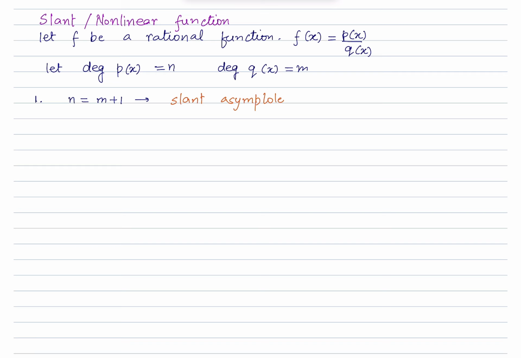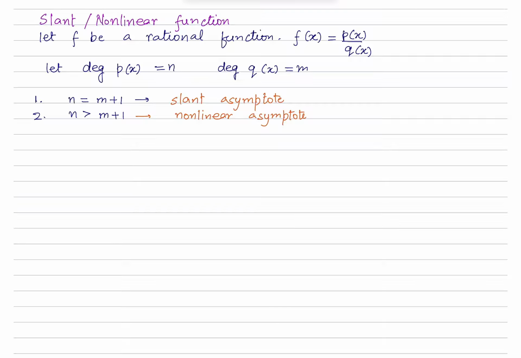If the degree of the numerator is greater than the degree of the denominator plus 1, in that case you will have a nonlinear asymptote. And how will you find that?